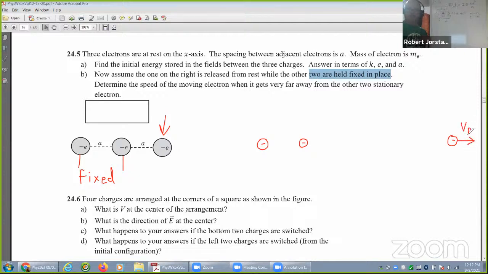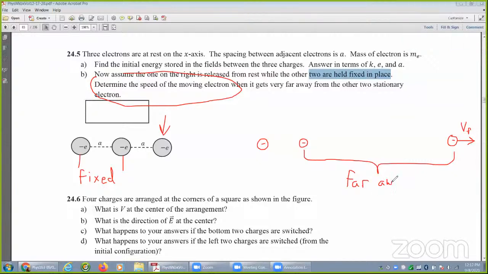And to be clear, that v is a lowercase v. That's what we expect the final picture to look like. So now what I want to do is determine the speed of that thing when it gets far away. What's a good name for this distance right here if it's far away? Infinite.